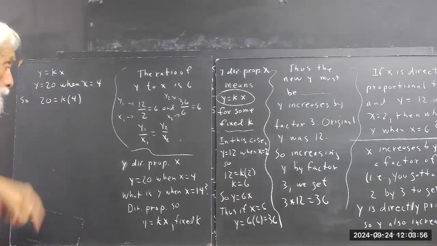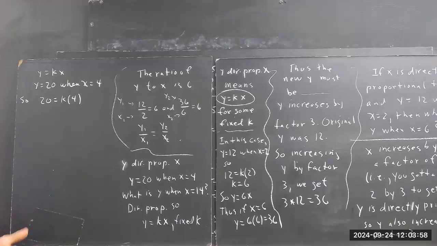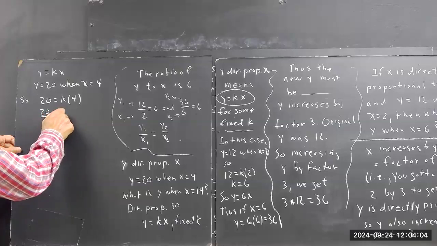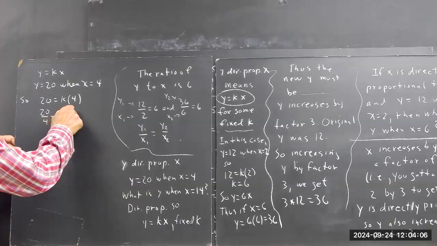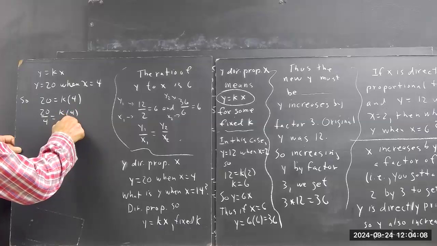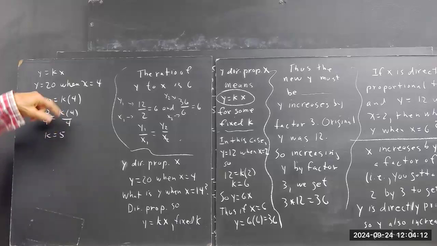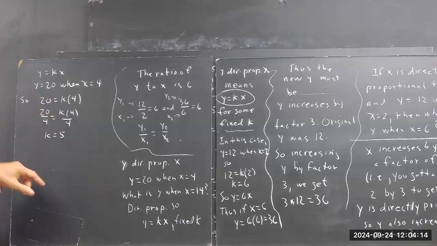How do you solve this for k? You divide both sides by 4, right? This side you just get k, and this side you get 5. But you would usually want to write k on the left: k equals 5, right?